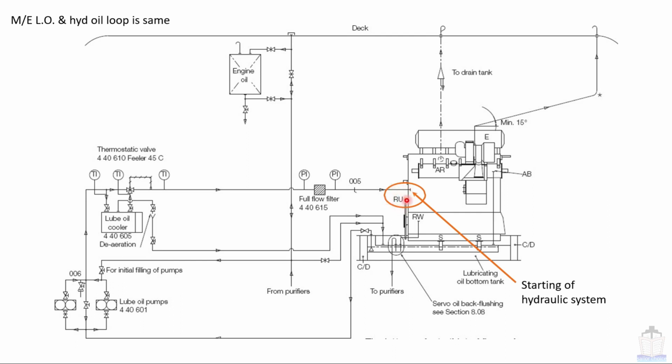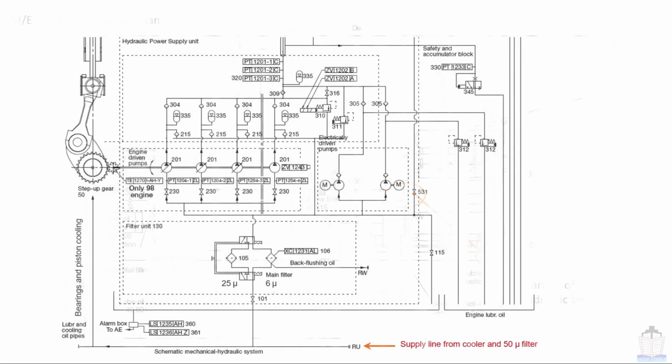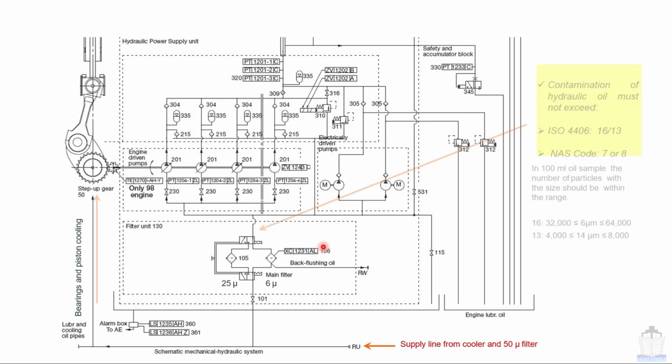This is represented with the RU. Now let's have a look at the next picture. This is the point RU. This is the bifurcation from the main engine lube oil system going to this changeover valve. This is the manual filter and this is the automatic filter, and after that it is going to the various HPS pumps. So this one is representing the common loop for the main engine lube oil system as well as the hydraulic system.